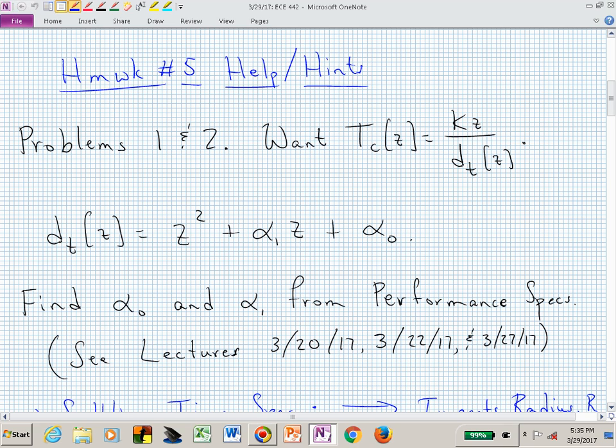That just means you have a value of z equal to 0 that causes the numerator to vanish. But in your denominator, you're trying to figure out what alpha 0 and alpha 1 are. And that's going to depend on the performance specifications that we've talked about in the 3 previous lectures. How do you determine where in the complex z-plane you locate your complex poles consistent with your performance specifications?